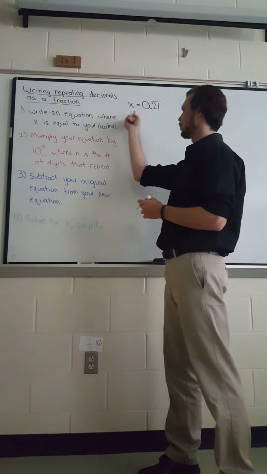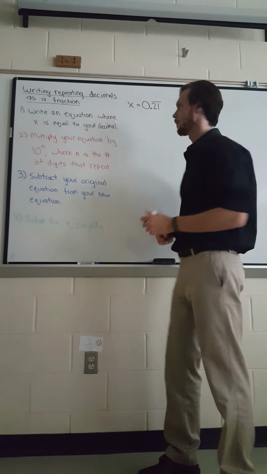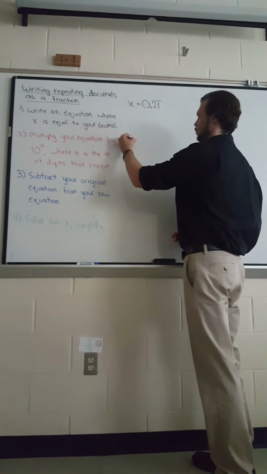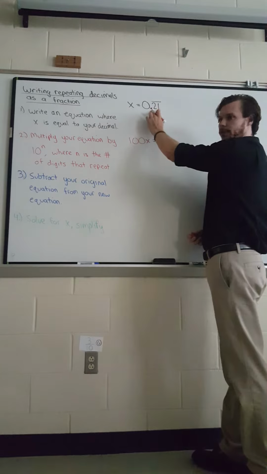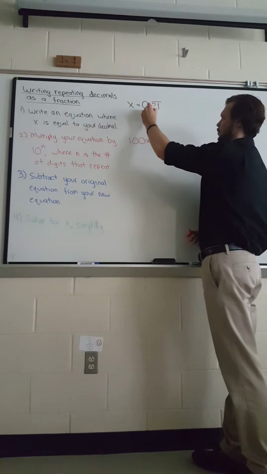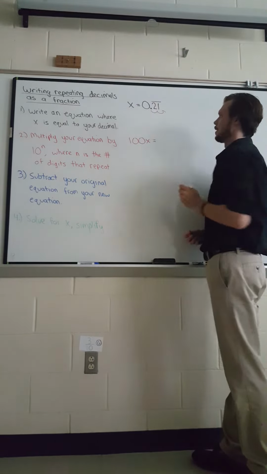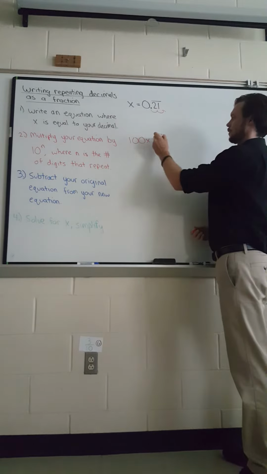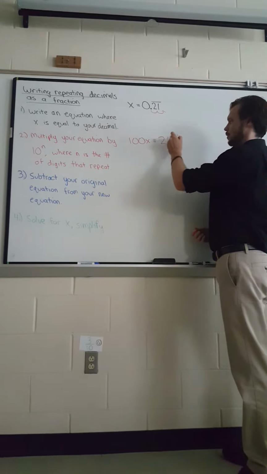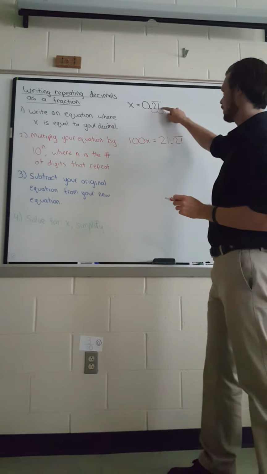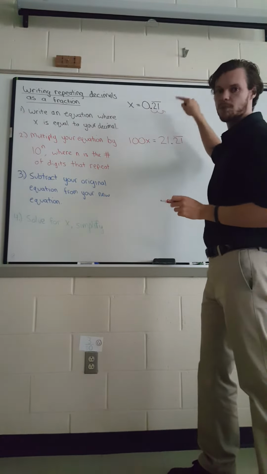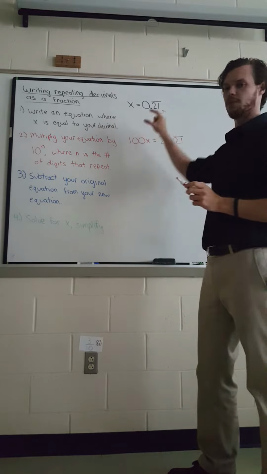So we're multiplying both sides of our equation by 100. That's going to give us 100x. And when we multiply by 100, we move our decimal 2 spots to the right. That's going to give us 21.21 repeating, because remember, this is really a longer decimal, so when we move our decimal point over, you still have to remember there are numbers to the right.